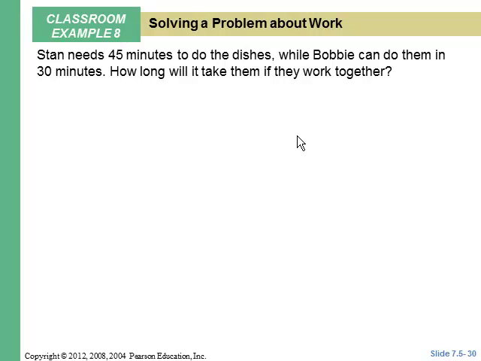Steve needs 45 minutes to do the job, while Bobby can do the job in 30 minutes. How long will it take to do the job working together?